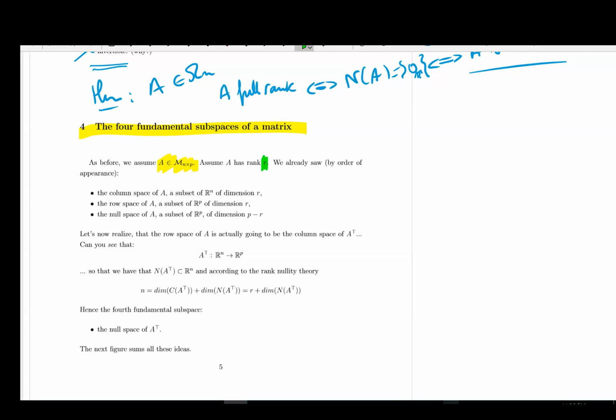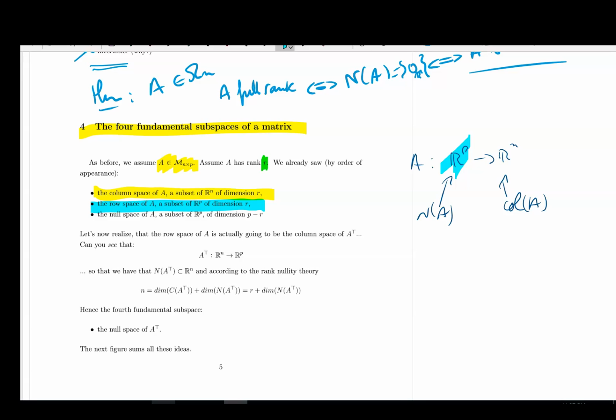Okay, so what have we seen as fundamental sets yet? We have seen the column space, which is a subset of Rn, so maybe we should write A goes from Rp to Rn. So the column space lives there while the null space lives here. We've seen the row space. The row space belongs to Rp. Why?